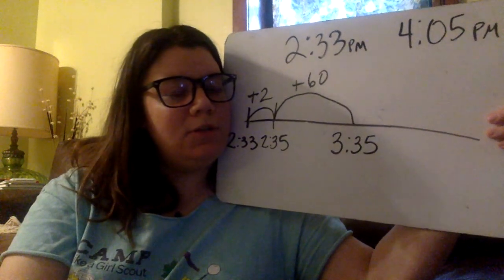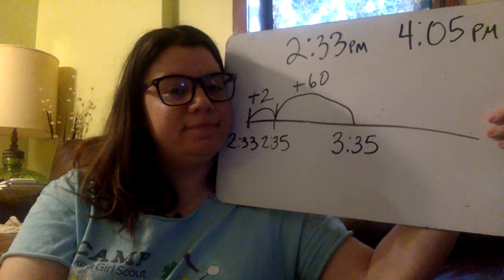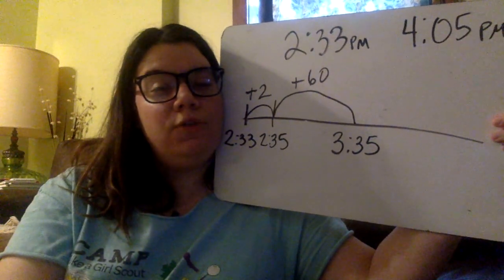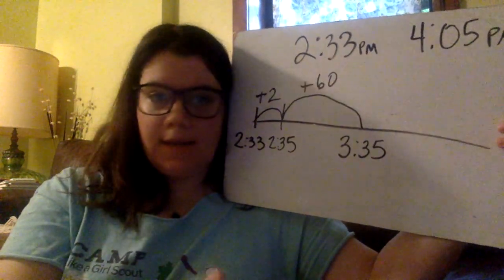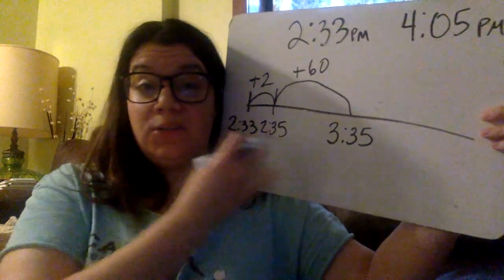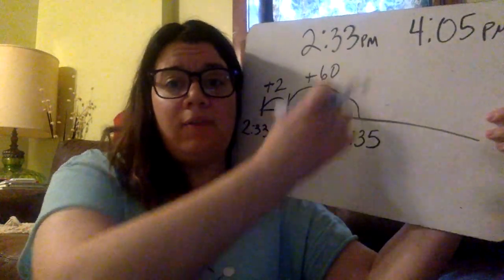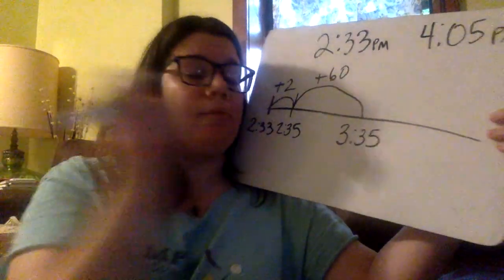And how many minutes do you think it would be to get to 4:05? If you don't automatically know, you can just use your number line to get there. It's okay if you don't know. That's what the number line's for. So we're at 3:35, we got to get to 4:05. If we want to just go up by tens until we get there, we can do that.